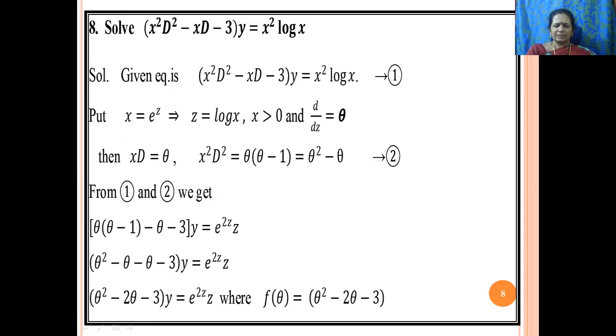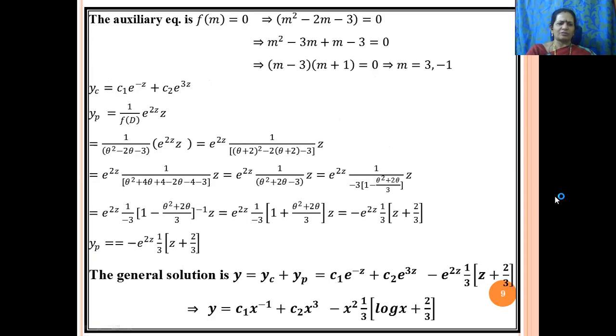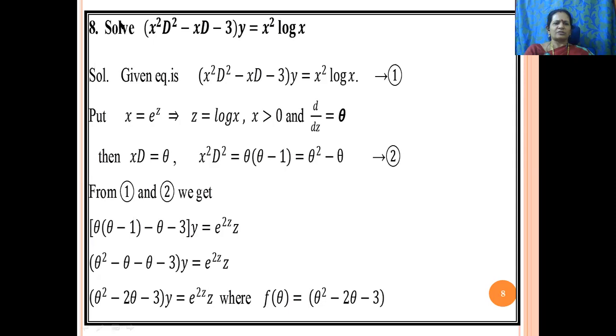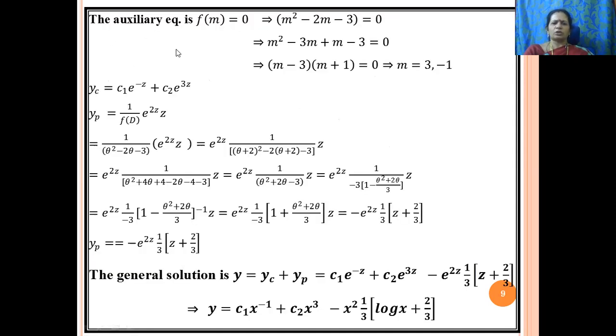So after getting f of theta, we are going to write the auxiliary equation. Simplify that, we'll get the roots 3 and minus 1. Because here it is a second degree equation only, x square d square only, that's why we got only 2 roots, theta 3 and minus 1.